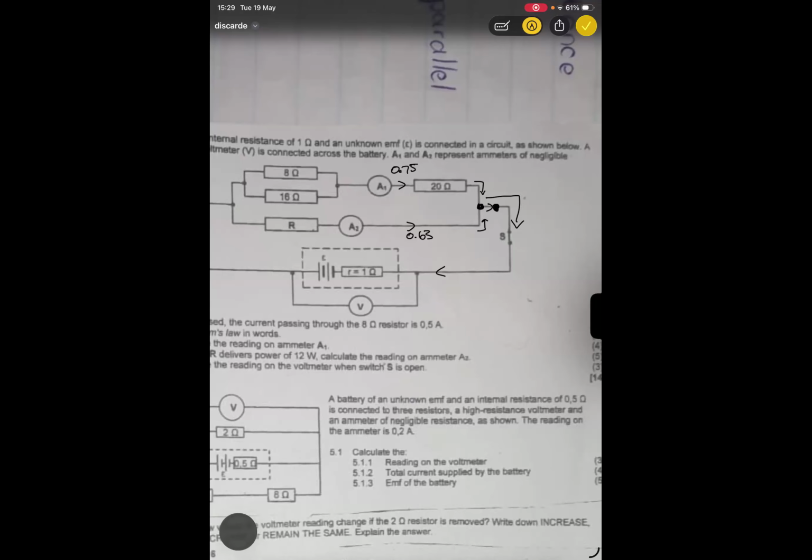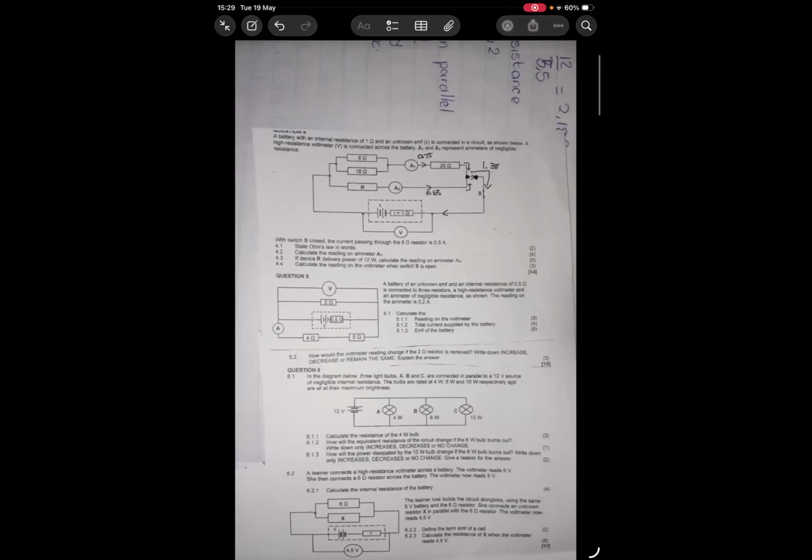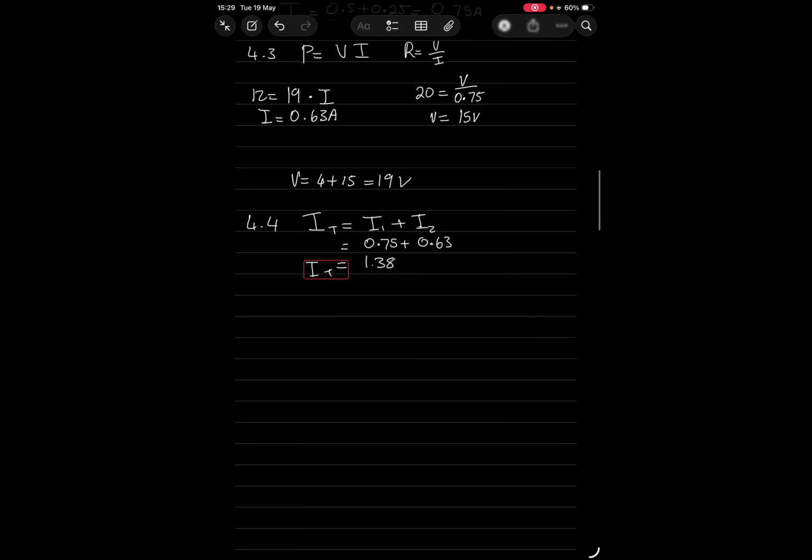So I total is equal to I1 plus I2, which is 0.75 plus 0.63, so I total is 1.38.